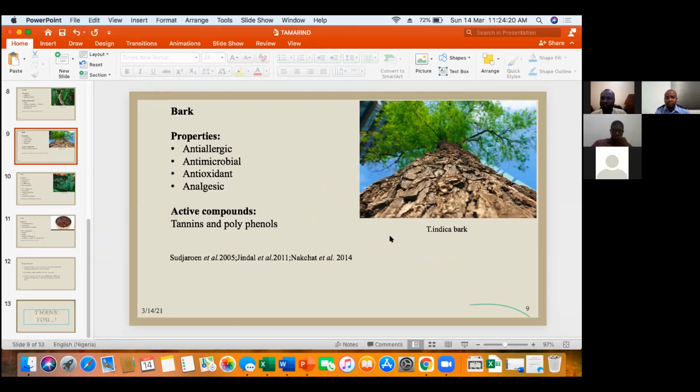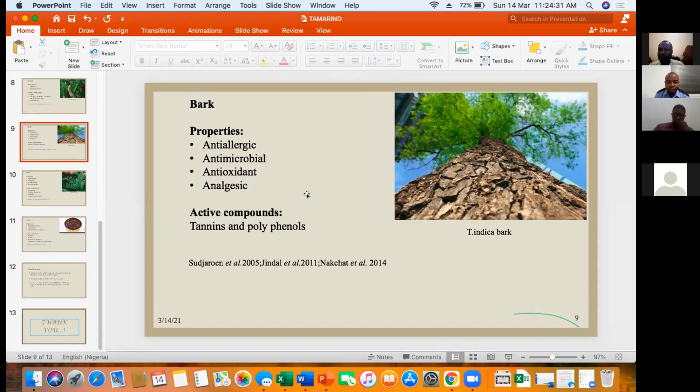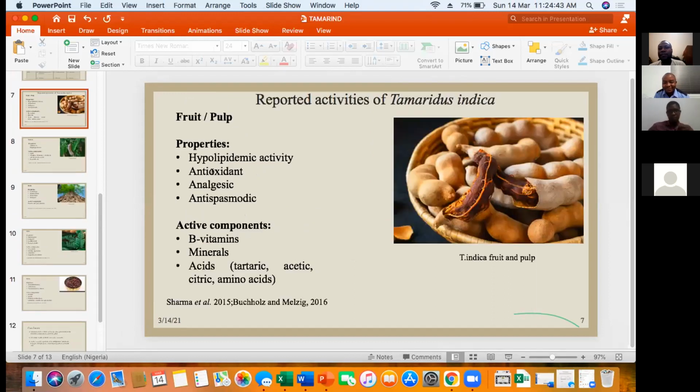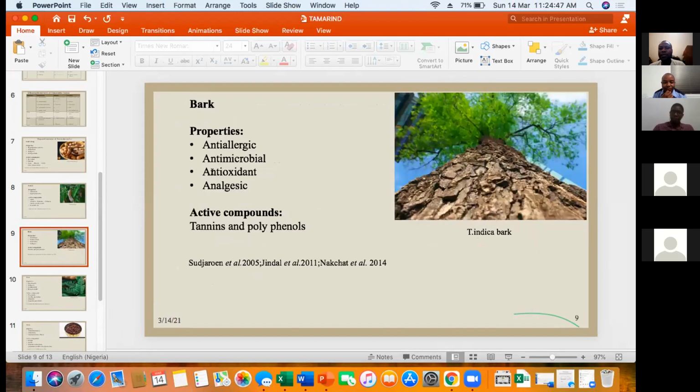And this is the reason why we have to scientifically validate these plants to actually know what they do. And in truth, it does not cause purging, sir. Instead, it's found to have antimicrobial property, and it is found to counter dysentery and diarrhea. Okay. Yes, sir.